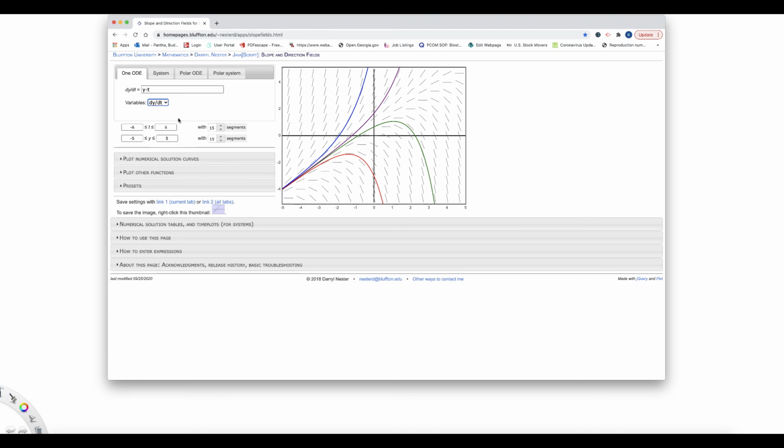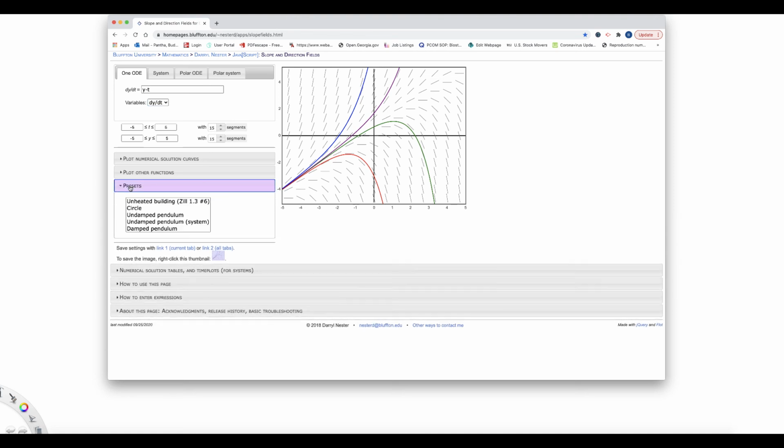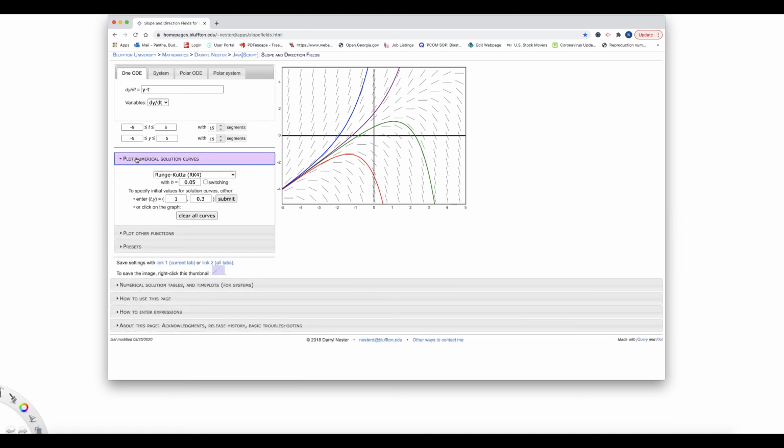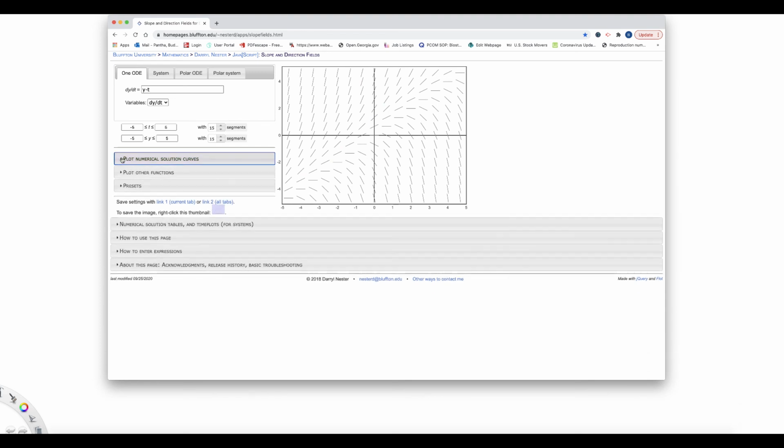So we have dy over dt equals y minus t, and what I'm doing here is setting the window between -5 and 5 for t, and -5 and 5 for y.